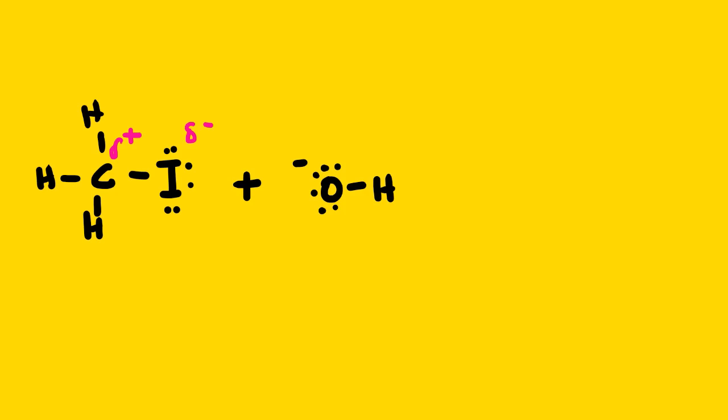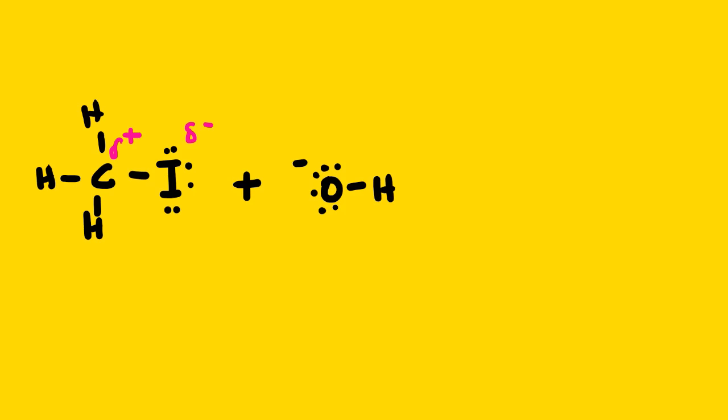If we have two elements where one is more electronegative, it will be partially negative, and the other will be partially positive, meaning that iodine will pull this pair of electrons towards itself because of the electronegativity.